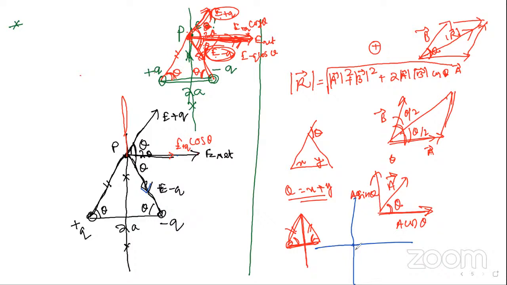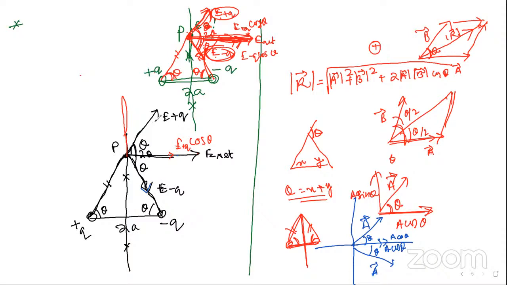A vector is here, and this is theta. What will be the vector component along the x-axis? A cos theta also. This will also be A cos theta. Are you getting?